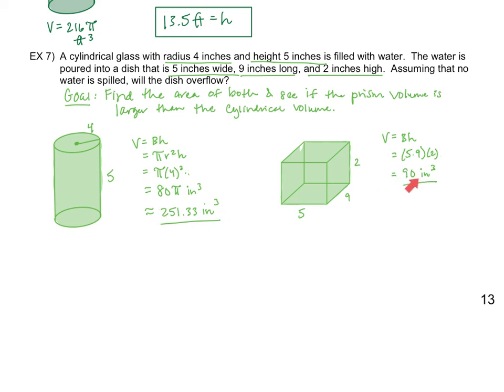Will this overflow? Yes, you can see the dish will definitely overflow since this number is bigger than that one. So let's write down our response. Yes, the dish will overflow since 251.33 is greater than 90.